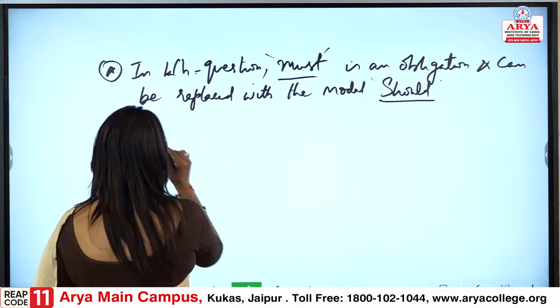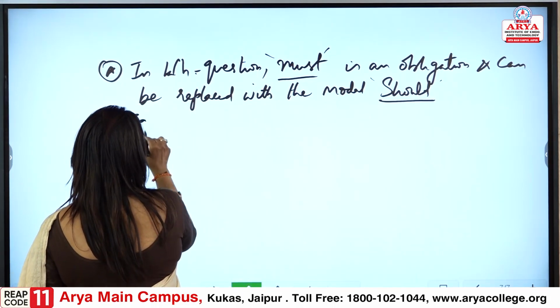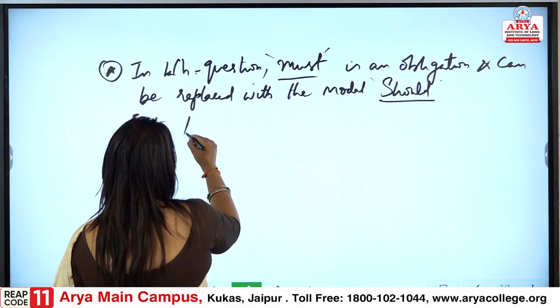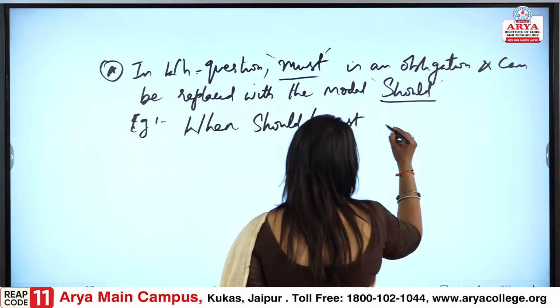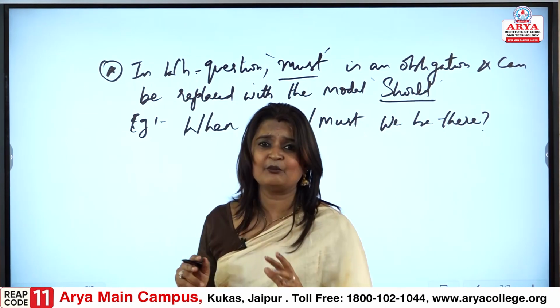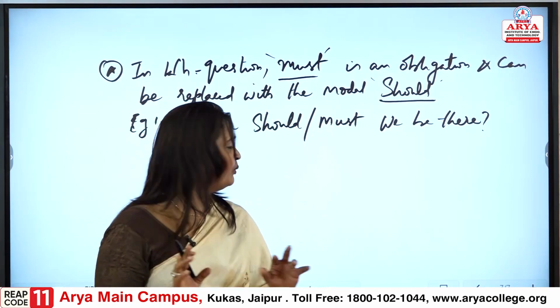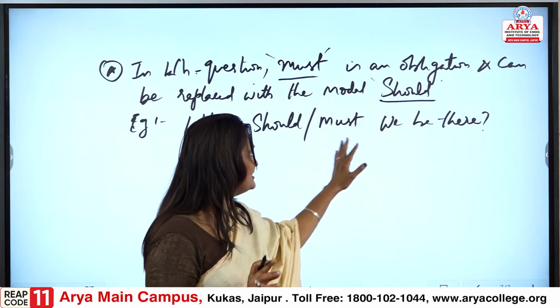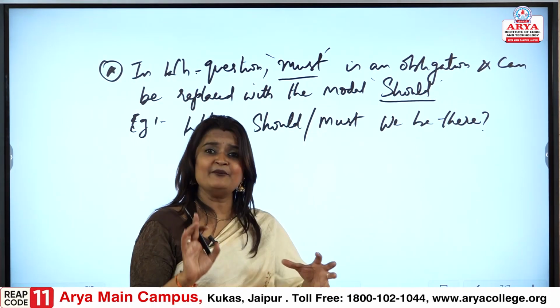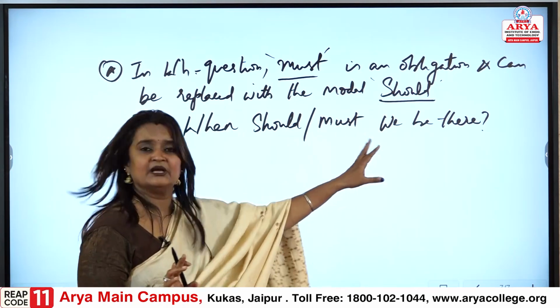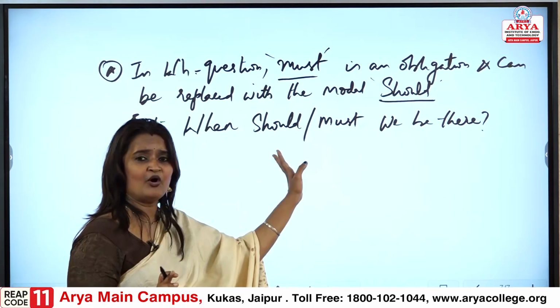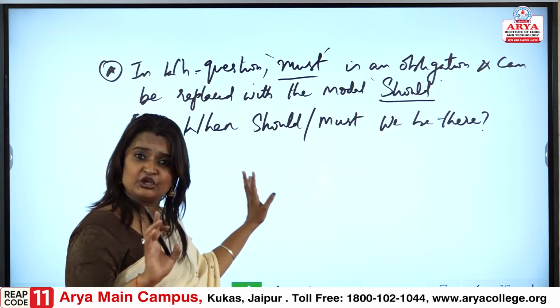Let me show you with an example. When should or must we be there? When we ask someone about going somewhere, we can say when should we be there or when must we be there. Either can be used.